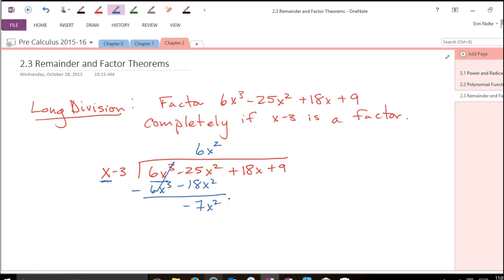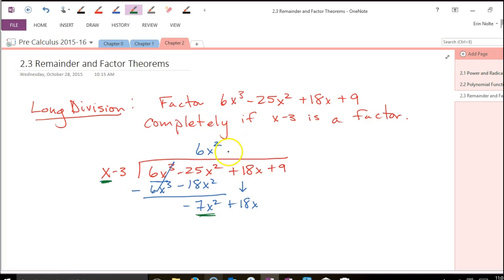Once I subtract, I'm going to bring down the next term, so I'm going to say then plus 18x. At this point, I start that little process again. I look at the x of the divisor and compare it to negative 7x squared. What would you have to multiply x by to make it negative 7x squared?